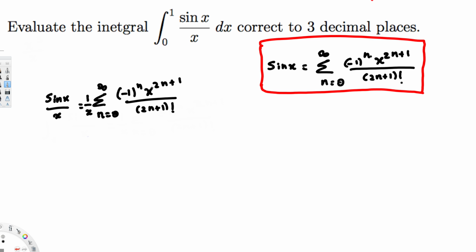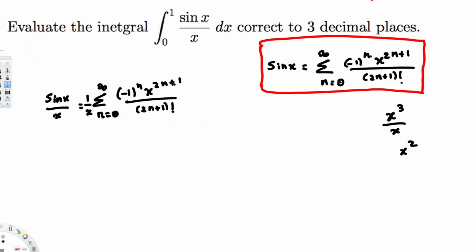Now if you notice, we already have x power 2n plus 1 right here, and we have x right here. For example, if we have x cube over x, it's the same as subtracting 1 from the power. Finally we will end up with x square, right? Now we can do the same thing right here.